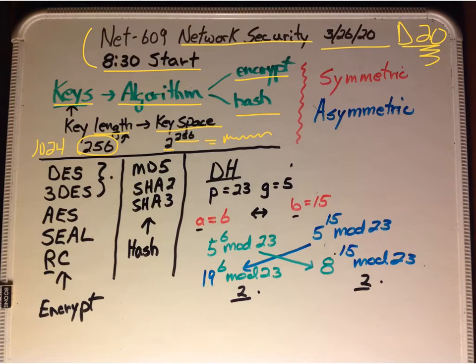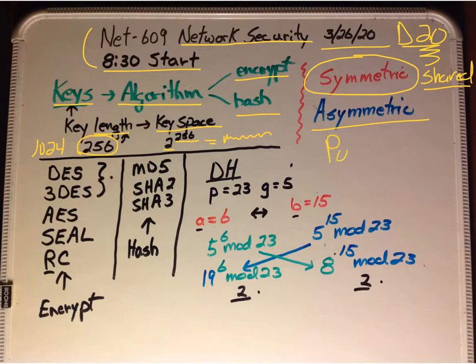Okay, so we understood that, and then we also talked about symmetric algorithms, in which we have a shared key. Then we talked about key management. You've got to get the key on both ends. And then asymmetric.